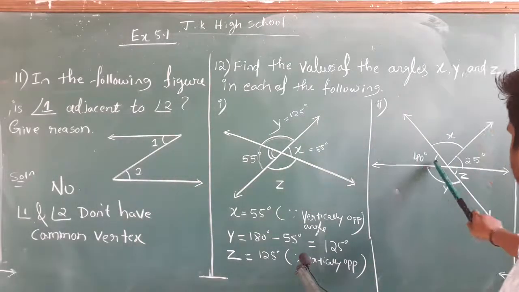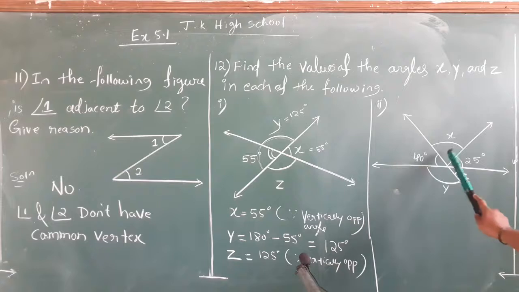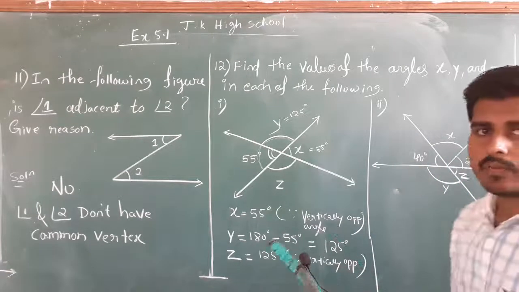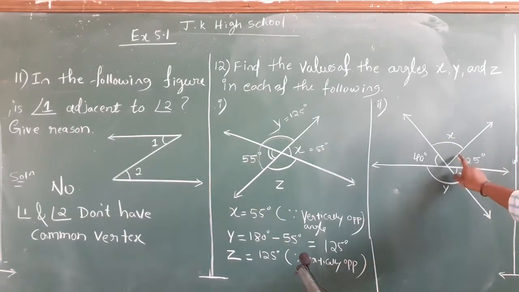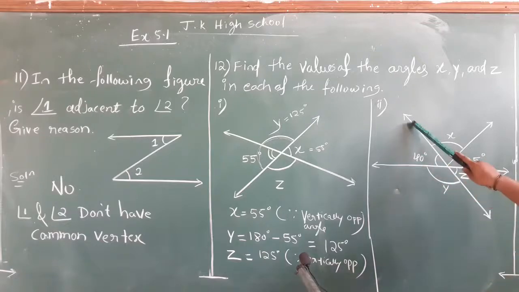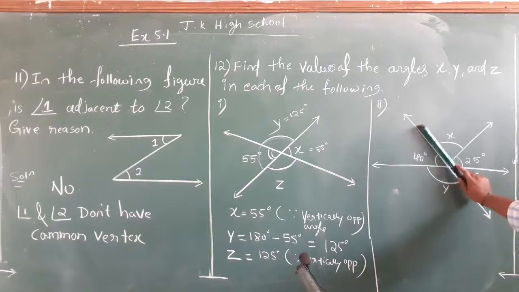Here, look here. This 40 and z are vertically opposite, but remember, this x and y are not vertically opposite. Why? Because look here. This is another line here. This angle x plus 25 is vertically opposite to y.